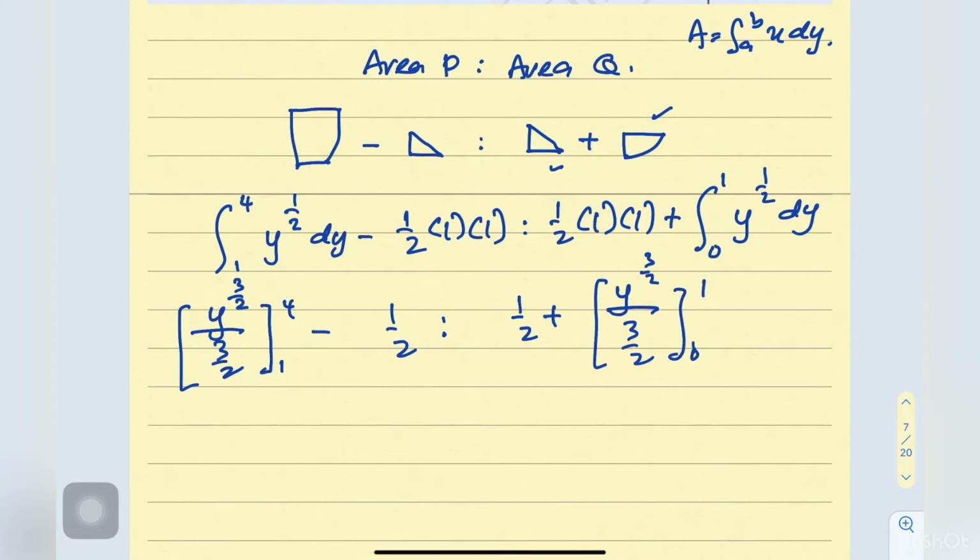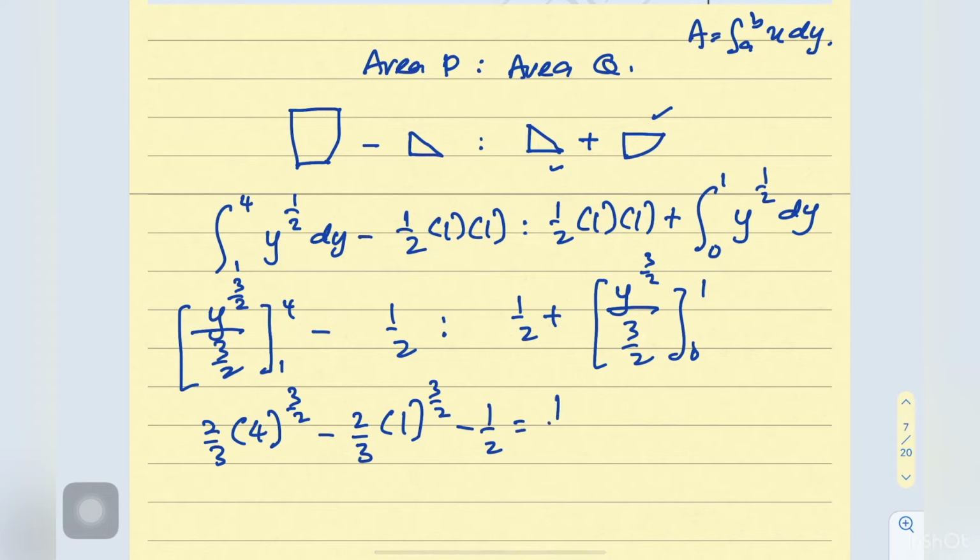Substitute our upper limit. So this one becomes 2 over 3 times 4 power of 3 over 2, minus 2 over 3 times 1 power of 3 over 2, minus 1 over 2, equals 1 over 2 plus 2 over 3.